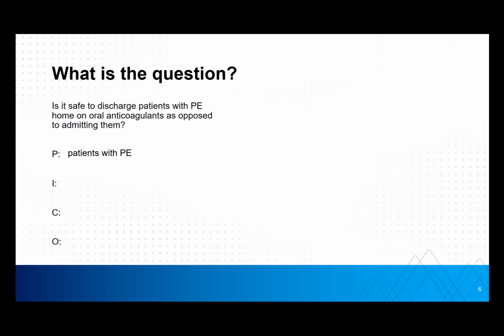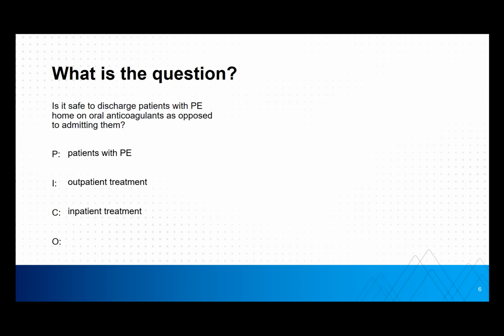So Tom is saying discharge versus admission. Yeah, exactly. I'm seeing a lot of discharge versus admission, a little bit of oral anticoagulation, and the crux of the question absolutely is outpatient treatment versus inpatient treatment, or early discharge versus not.